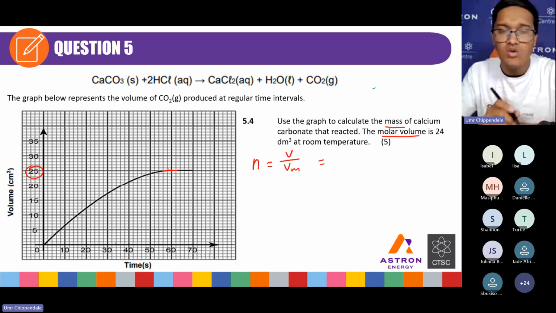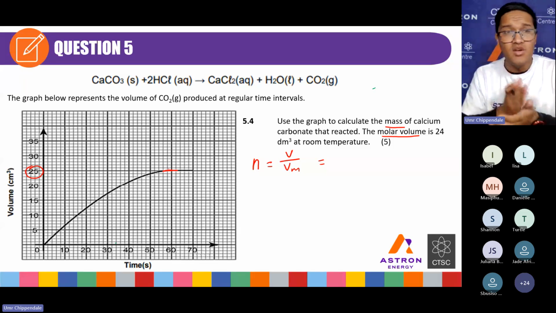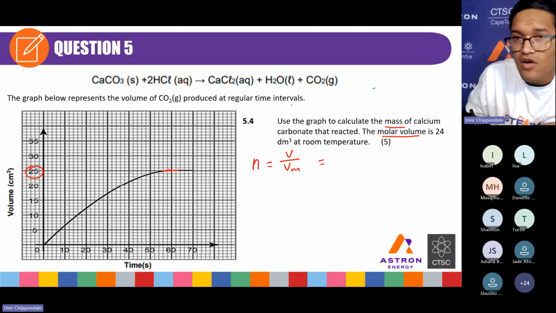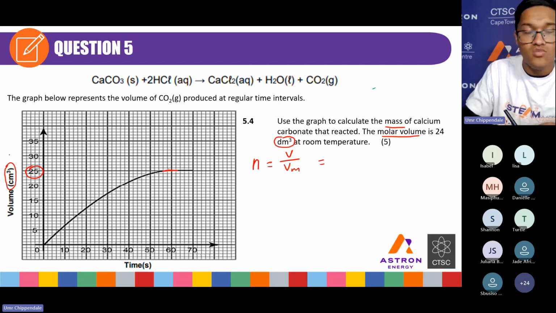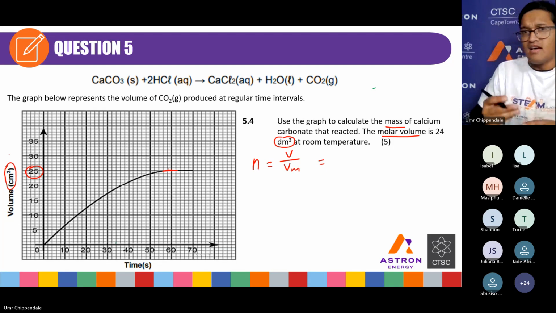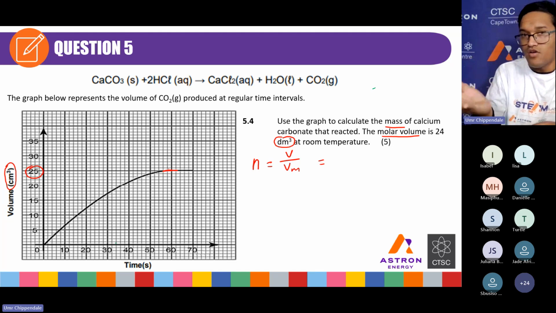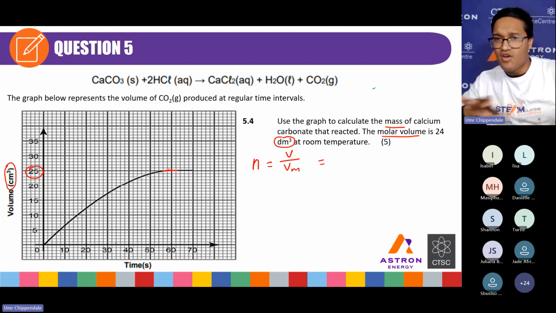Always take note of your units. That could make or break your marks in your exams. Do you see? Molar volume is given in decimeter cubed. Our graph is given in centimeter cubed, which means we need to now change one of these. Because they have given us the molar volume, let's not change the molar volume's value.